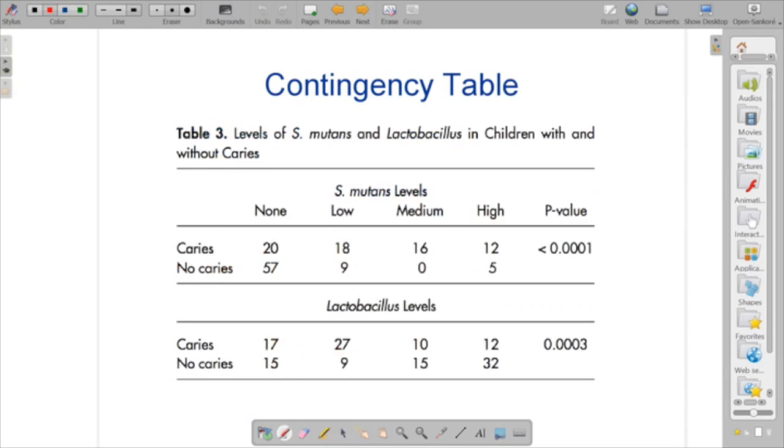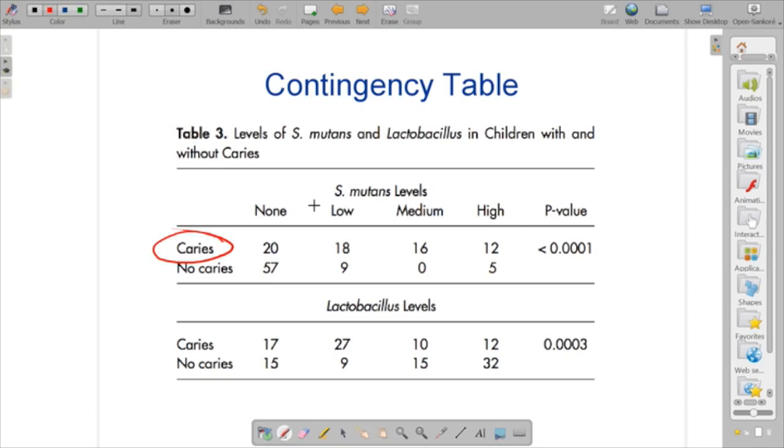If we briefly look at table 3 from that paper, they have a similar thing. They have categories of caries or no caries. So in the case of looking at S mutans, if we have a patient with caries, what's the level of S mutans detected? They've probably gone on in that paper to describe exactly how you determine what the level means.